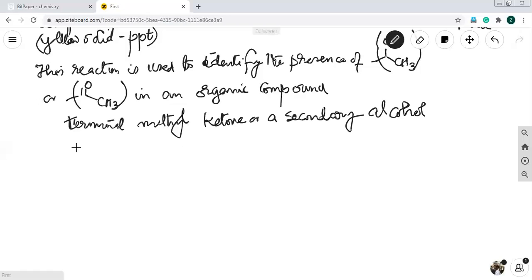Now let's look at the reaction of alcohol with halogen acids. Suppose you have an alcohol reacting with halogen acids.